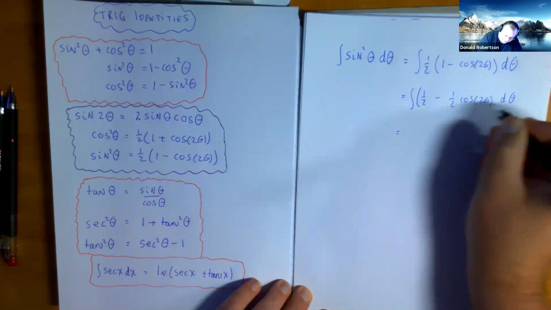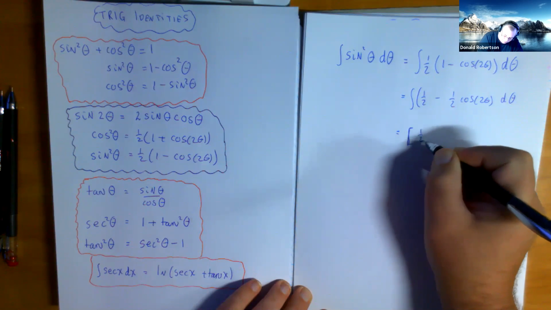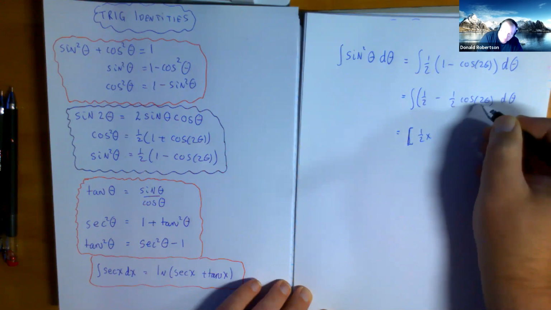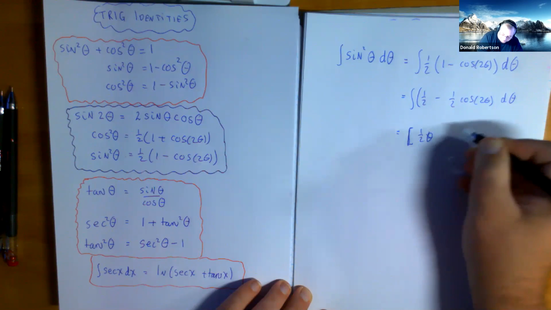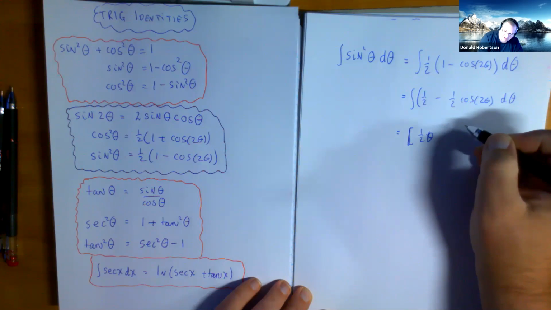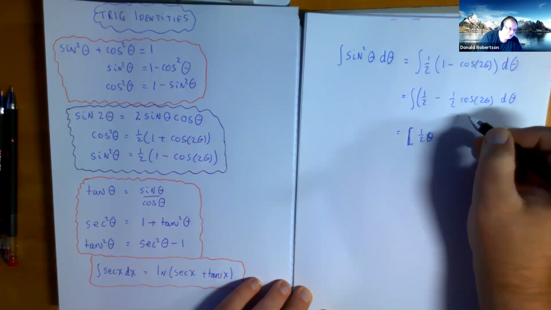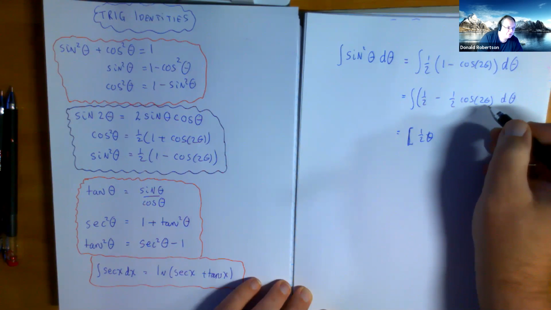And then I can integrate with respect to theta. 1/2 x. If you do a cosine, its antiderivative is sine. If you do a cosine of 2 theta, don't you get a half of the sine of 2 theta? Remember the linear shortcut.